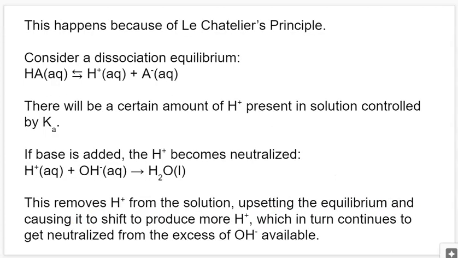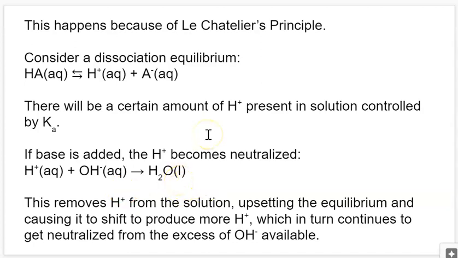And the reasoning for this is based off of Le Chatelier's principle. Because if we consider a dissociation equilibrium, HA is going to split up into hydrogen ions plus A minus ions. And there's always going to be a certain amount of H plus present in the solution based off of this Ka. And if I add base to it, the hydrogen ion is going to become neutralized because the hydrogen ion is going to interact with a hydroxide ion to make a water molecule.